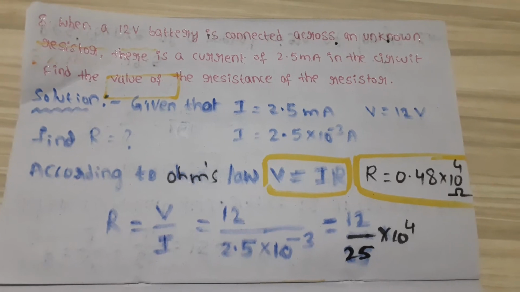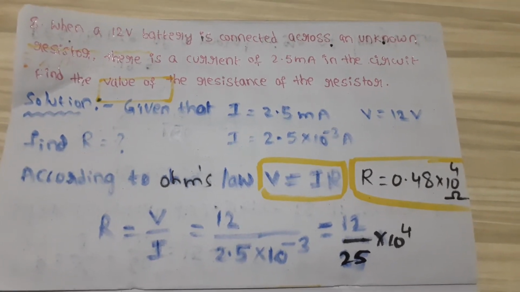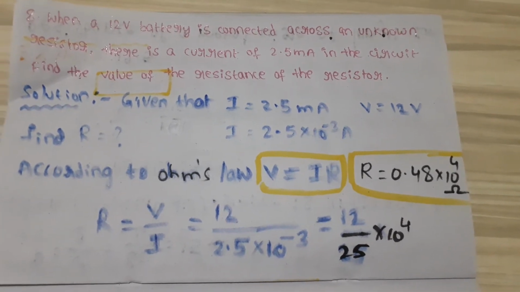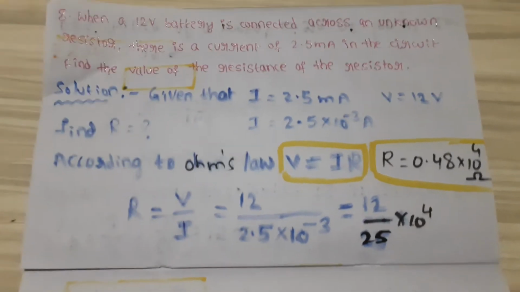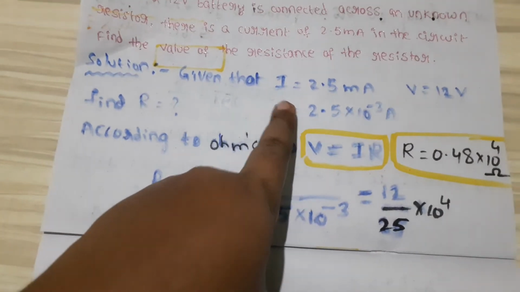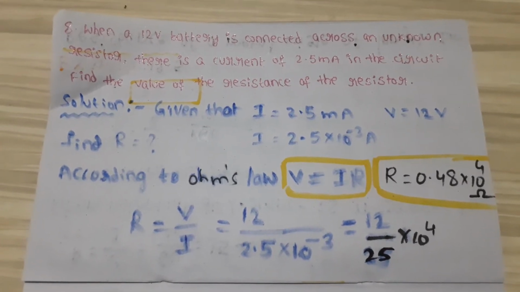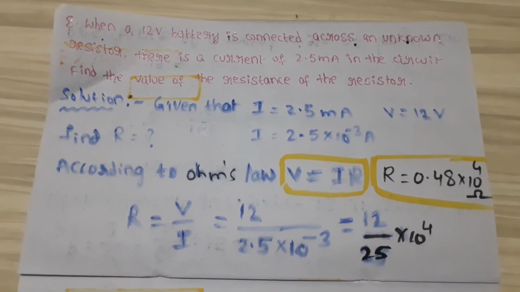Next question. When a 12 volts battery is connected across an unknown resistor, there is a current of 2.5 milliampere in a circuit. Find the value of the resistance. So given that current value 2.5 milliampere, potential difference V equal to 12 volts.